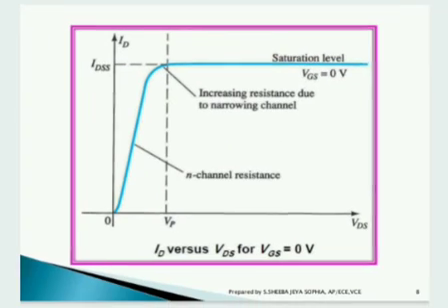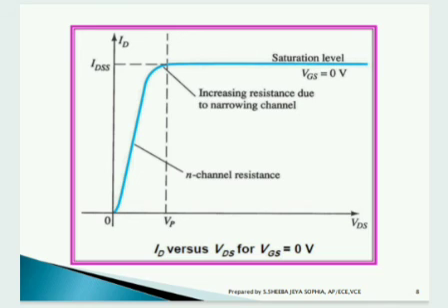So you can see clearly this drain characteristics diagram, which is drawn as ID versus VDS, that is drain current versus drain to source voltage VDS. And so the saturation level point IDSS is marked here, which is nothing but the drain to source current with the gate shorted. Increasing resistance is due to the narrowing channel, and here you can see the curve of N channel resistance clearly.